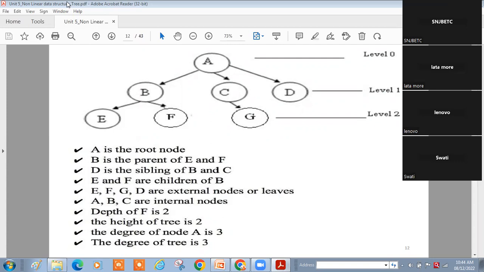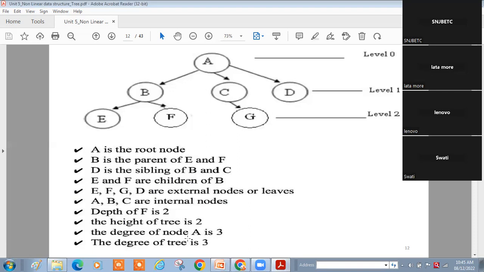Height means we have to find the longest path from that node to the leaf node. So for F, the path is 1 and 2. So for this F, depth is 2. Height of the tree is 2. As this is the longest node, having depth as 2, I can say height of the tree is also 2.